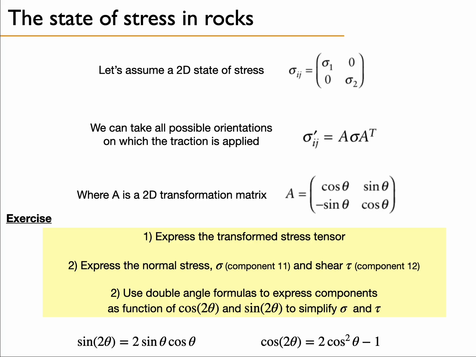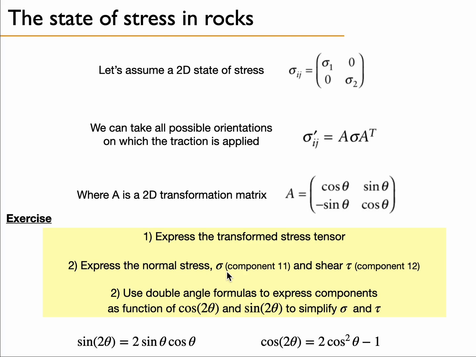So we will play with stress rotation in this lecture, but also in your exercise. One thing you will have to do is, I will give you a stress state here and the formula for the transformation of the stress with this transformation matrix here. And I will ask you to express the transformed stress tensor, knowing the components here and the value of this.